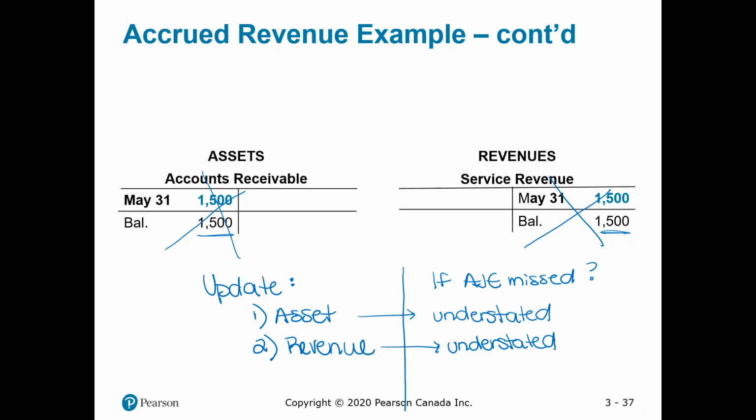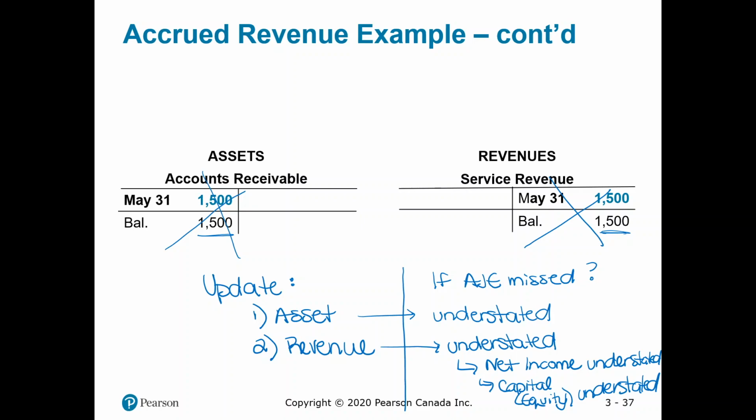And we know, because we've seen in the previous videos, if revenues are understated, net income is understated. And if net income is understated, our capital or equity account is also understated. Lots of impacts.